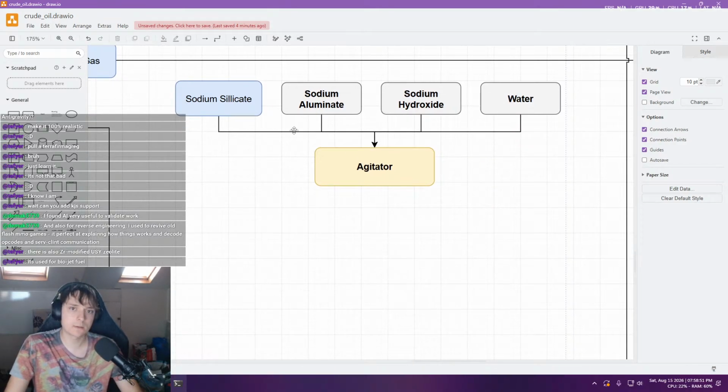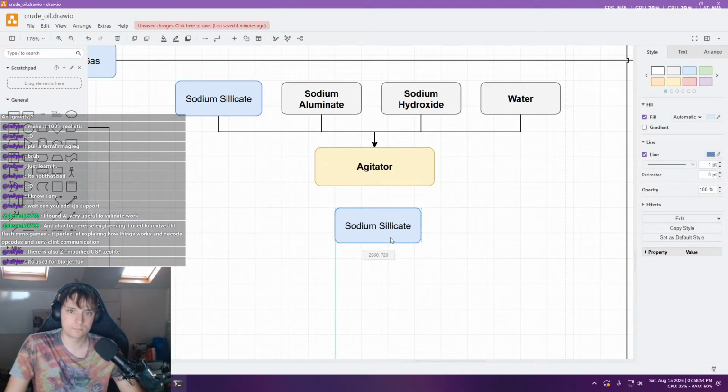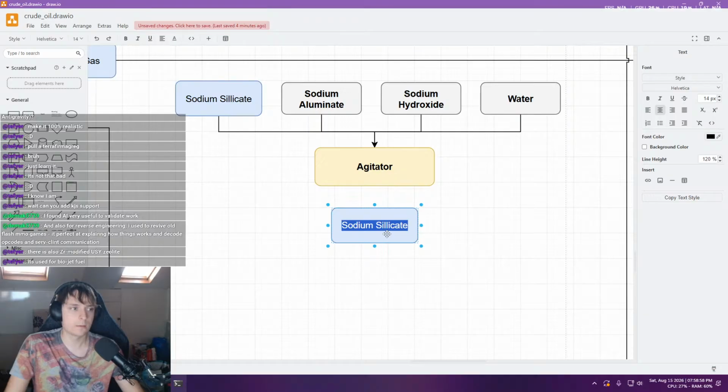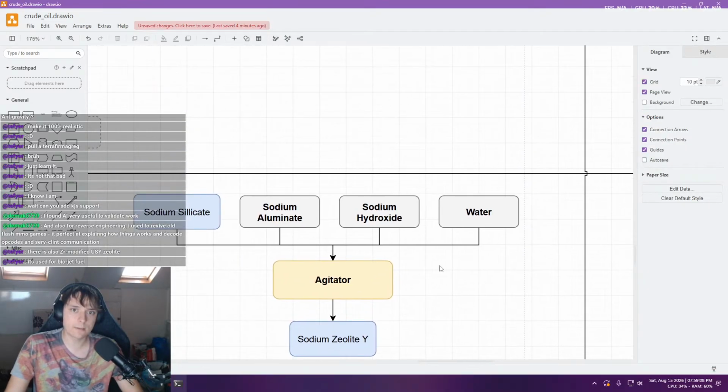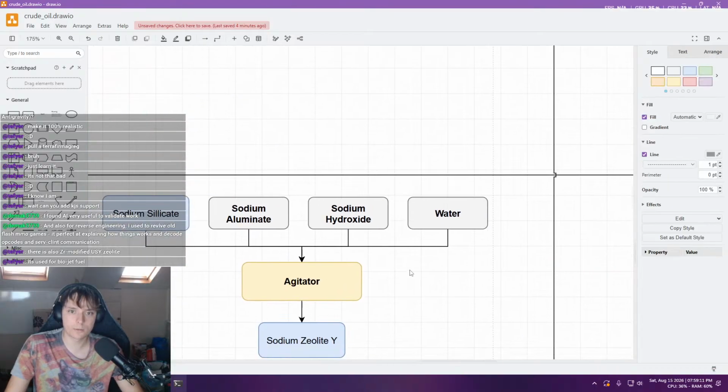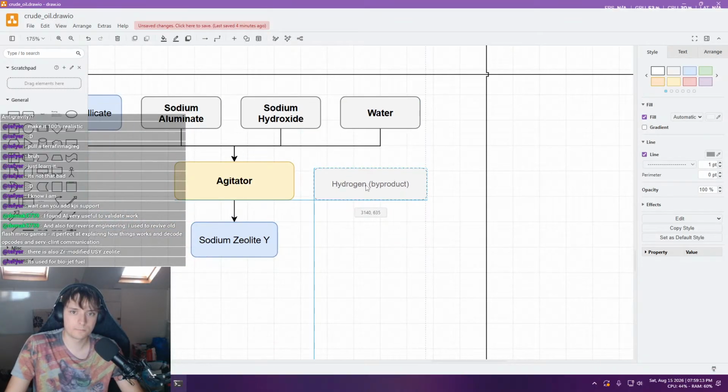That gets us sodium zeolite Y. And then that also gets us a byproduct as well. You can put it somewhere here.